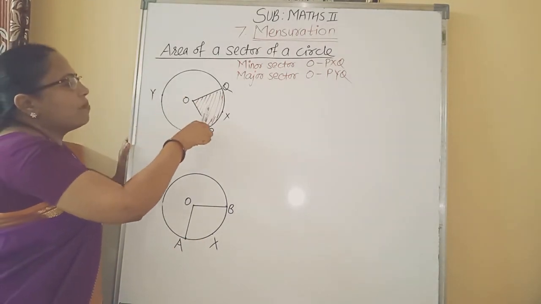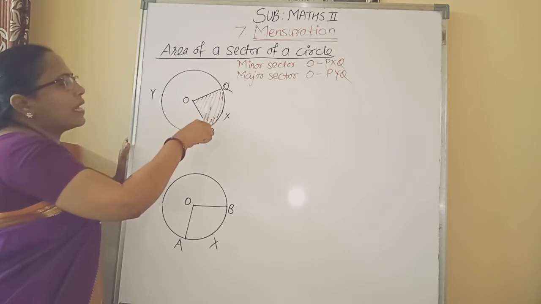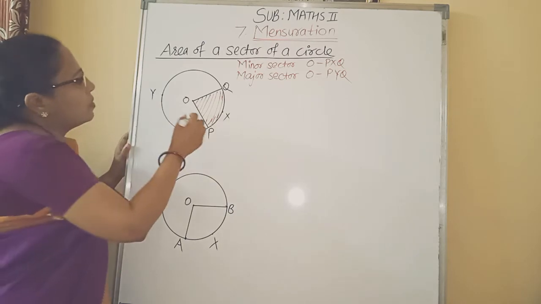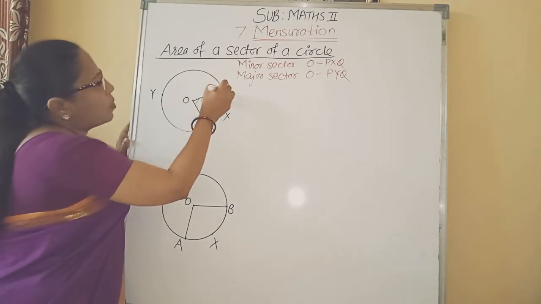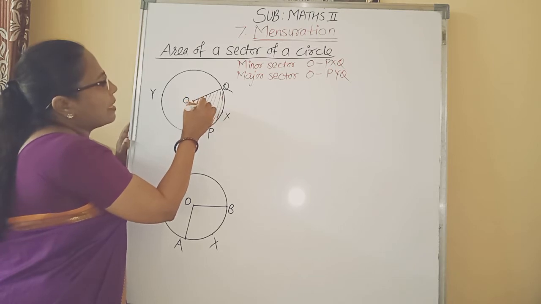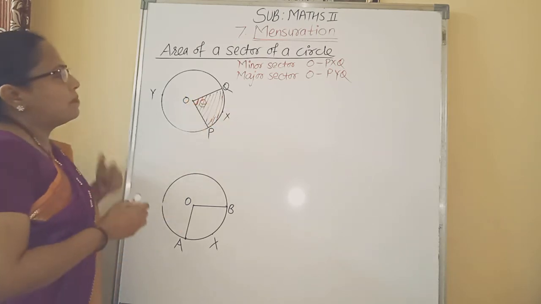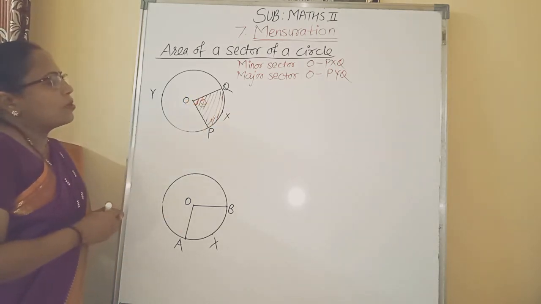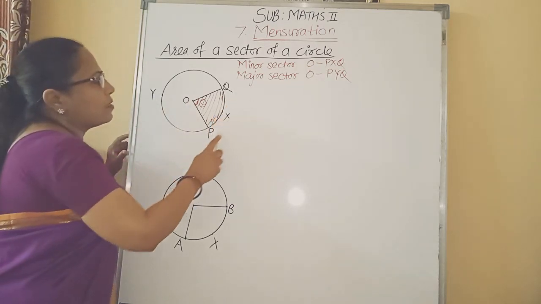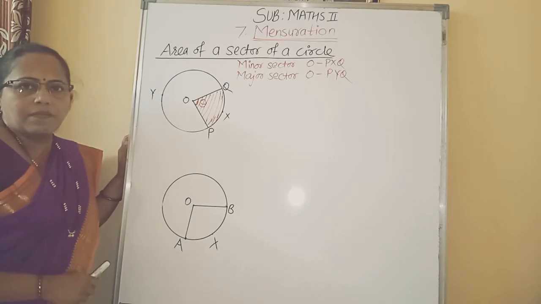So let us see the formula for calculating area of this minor sector. So here POQ is central angle. Let the measure of this central angle is theta. So the measure of this minor arc is also theta.